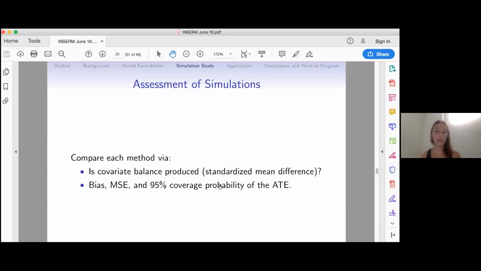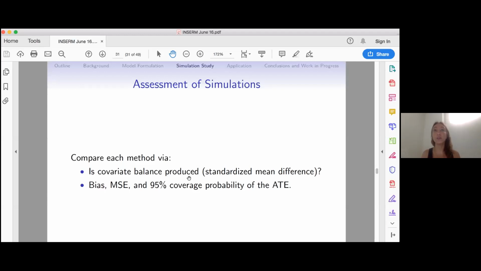So how do we compare each method? We want to compare the method that we propose with existing methods, choosing the most commonly used existing method because we can't compare everything. Well, one is covariate balance produced. That's very important. You want to produce balance between matched pairs or within strata, right?